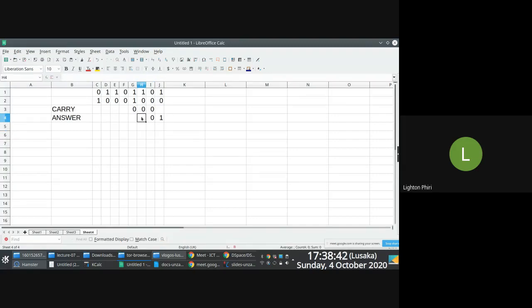The answer is 1. 1, 1, 0, you carry 1. The answer is 0. 0, 0, 1, you carry nothing. The answer is 1. 1, 0, 0, you carry nothing. The answer is 1. 1, 0, 0, you carry nothing. The answer is 1. 0, 1, 0, 1, right? You carry nothing. And then this is your answer here.